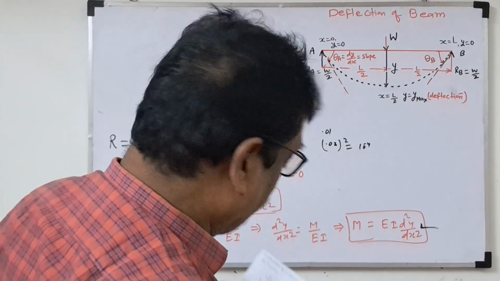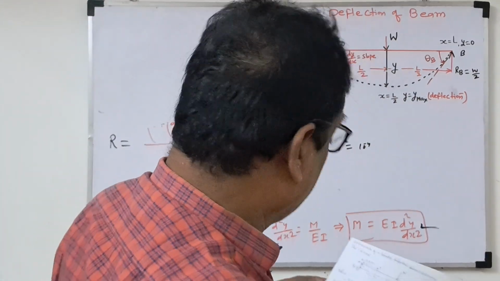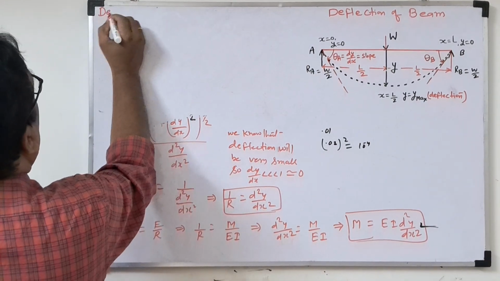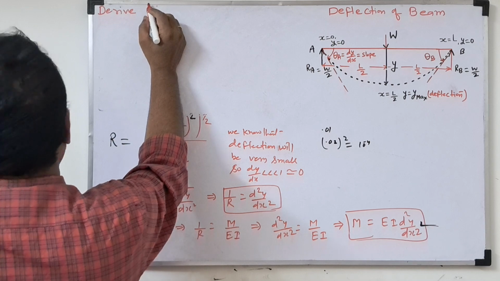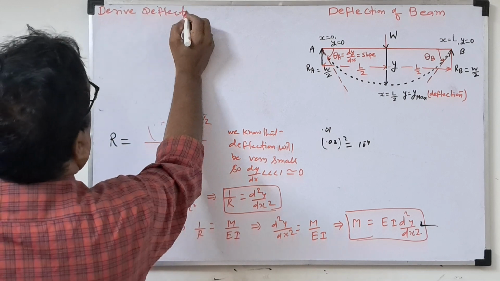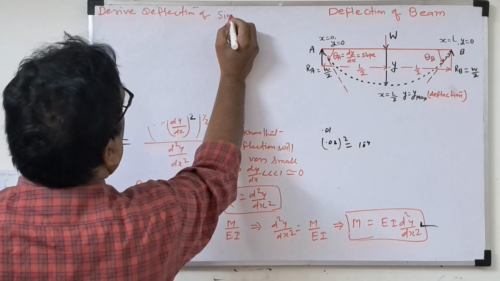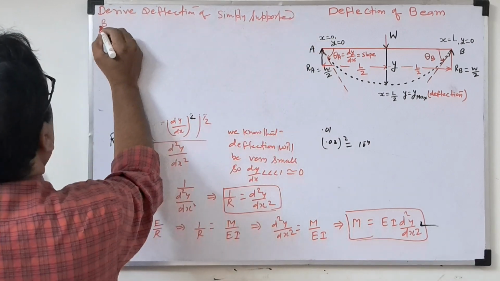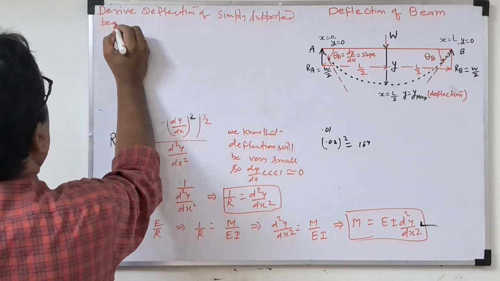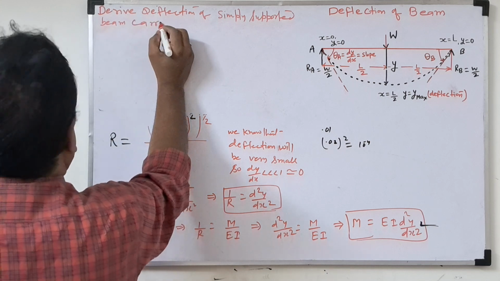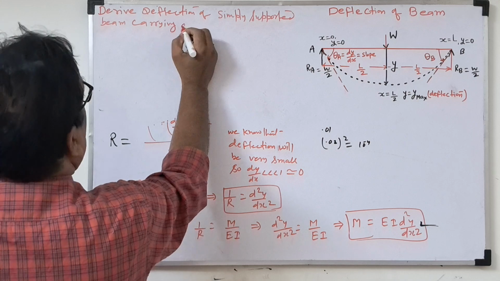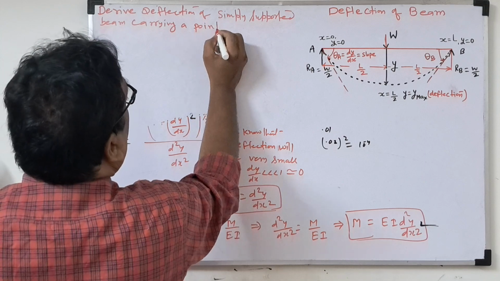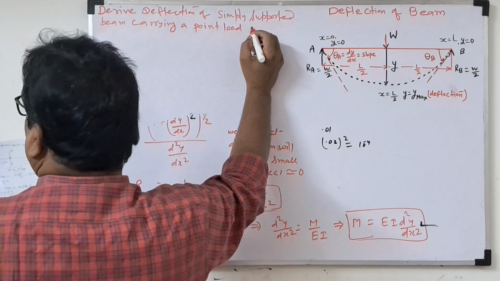What will be the question here? Derive the deflection of a simply supported beam carrying a point load at the center.